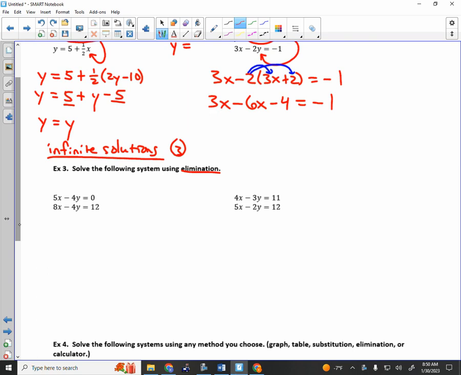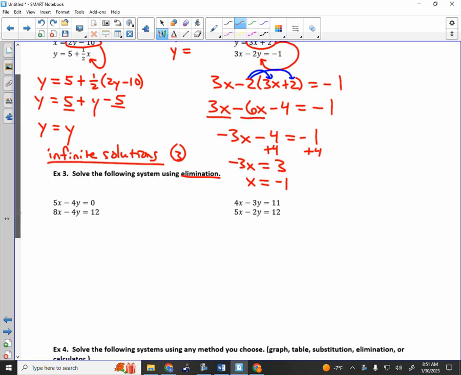The 3x and the -6x make -3x. Then -4 is equal to -1. I add 4 to both sides. -3x is equal to 3. So x is equal to -1.